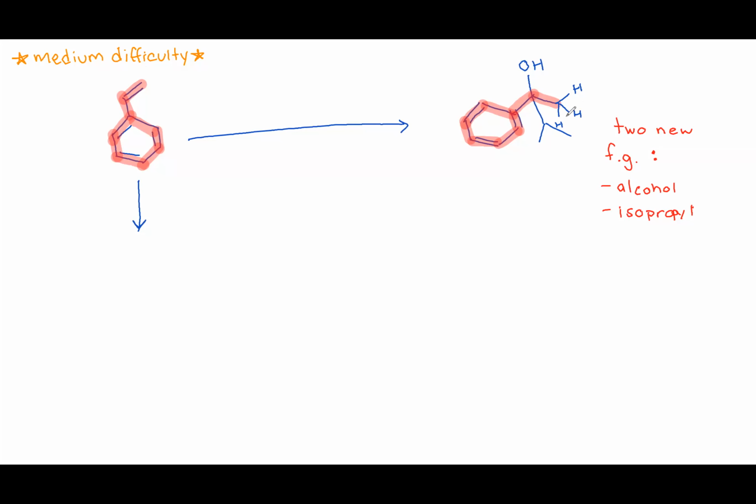So catalytic H2SO4 and water, that is the hydration with acidic water, right? Let me double check before I start talking. Yeah, so with that one, you are 100% right that we could get Markovnikov addition.